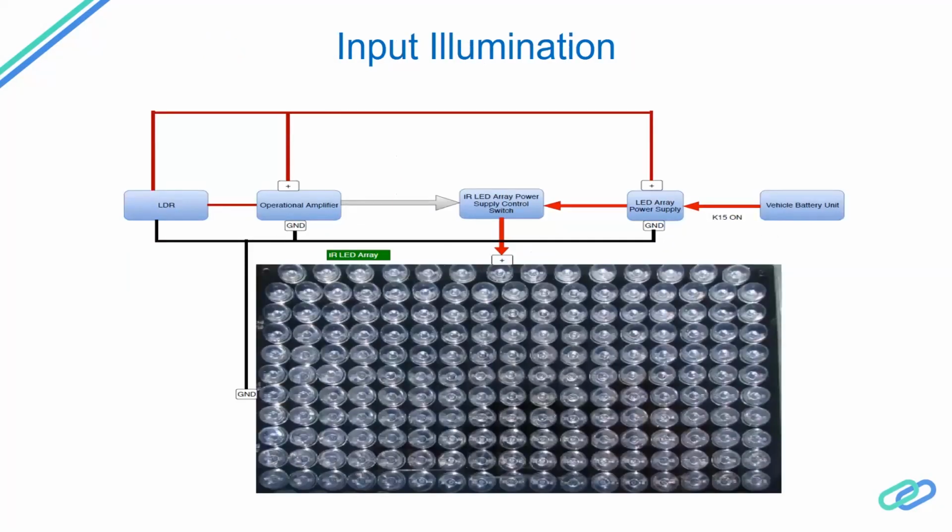And any system will be having inputs, and without inputs you cannot process the data and the surroundings. So for cameras, if they are operating in the visible spectrum, you need light in the visible spectrum, or infrared light if it's operating in the dark zone.